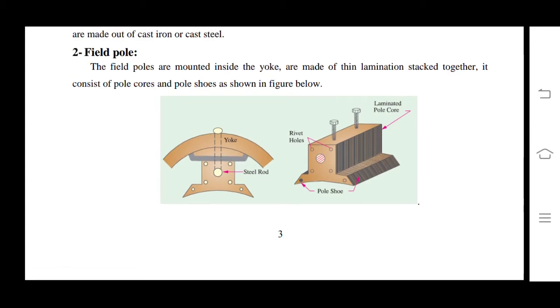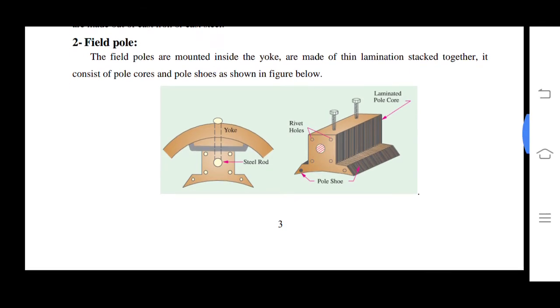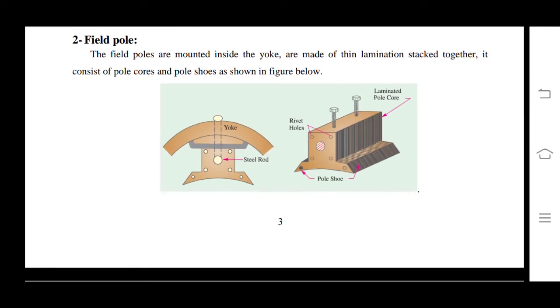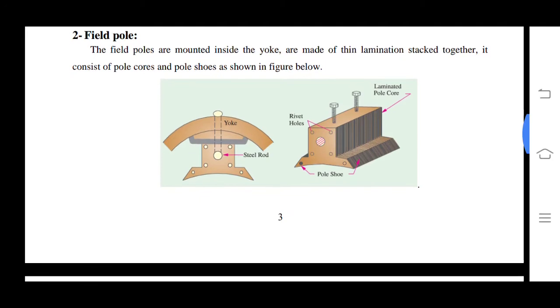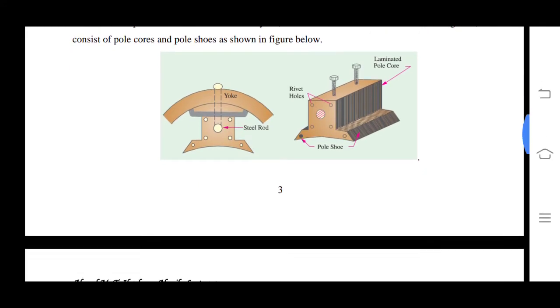The field poles are mounted inside the yoke, made up of thin laminations stacked together. They consist of pole core and pole shoes as shown in the figure.